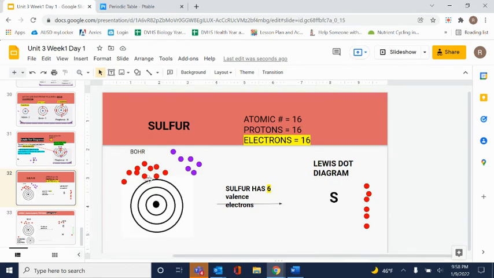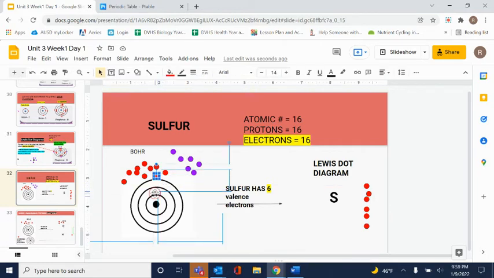Okay, so sulfur. We're going to start out with the rule. The first orbital can only hold 2 electrons. So number 1, number 2.